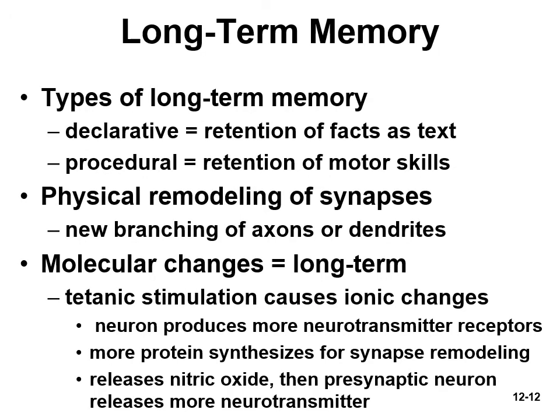Now, if you use an event or a memory frequently enough, it will essentially transition from short-term memory to long-term memory. And long-term memory is often described as declarative or procedural because it's very matter-of-fact what you recall and how you can utilize it. So for instance, declarative means that you can remember facts or you can remember text.